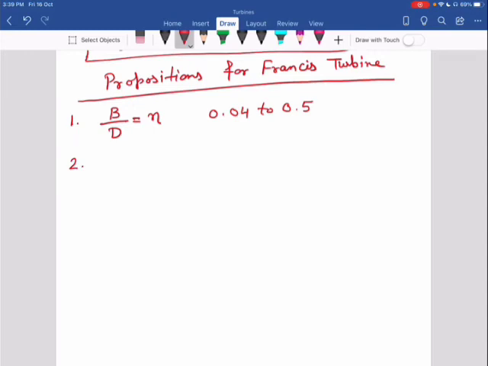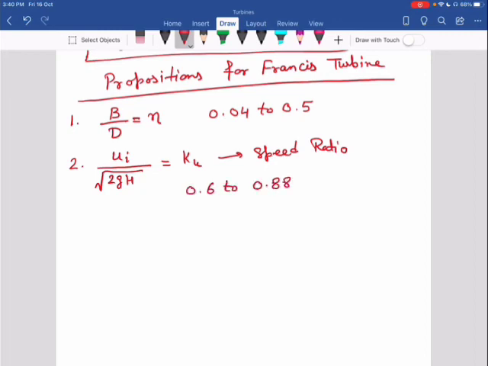Then the second is the ratio of tangential velocity ui to the quantity under root of 2gh. So ui divided by under root of 2gh, I write it as ku. So this is called speed ratio. For Francis turbine, the value of ku lies between 0.6 to 0.88.